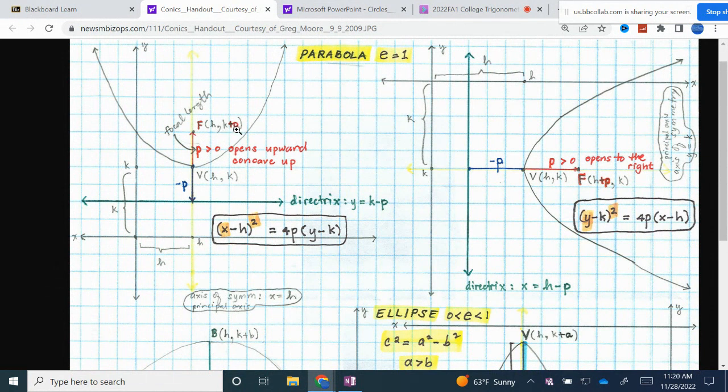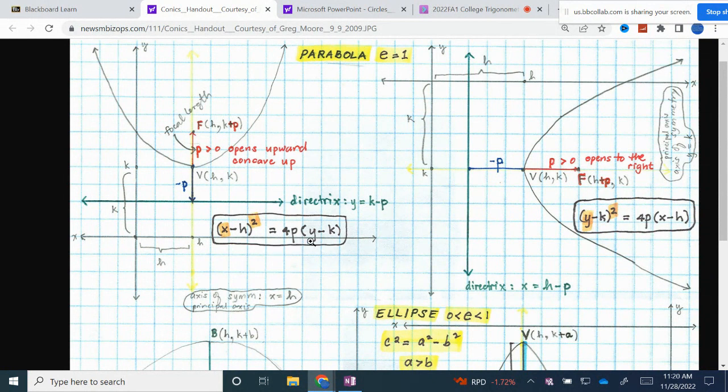So it's no longer just zero comma p, it's actually h comma k plus p. So we have to know the values of h, k, and p in order to find the focus. We also have the directrix.